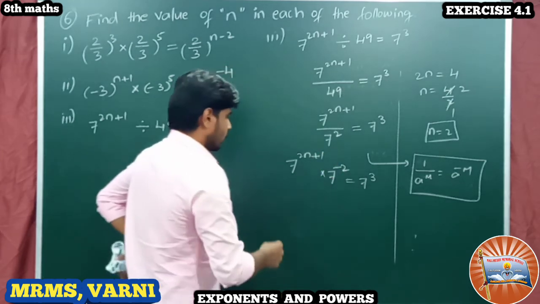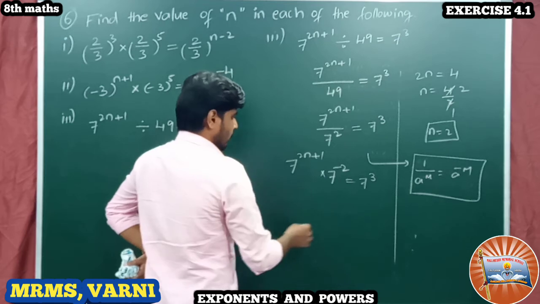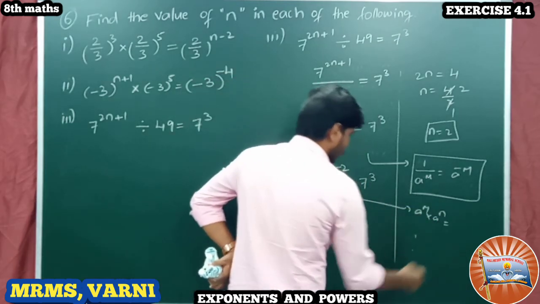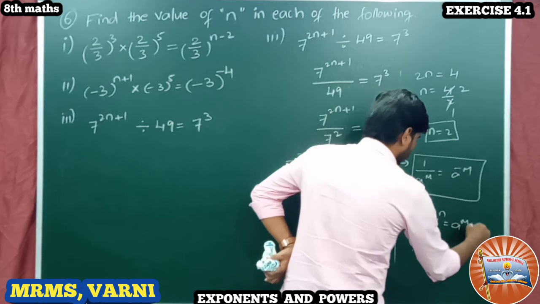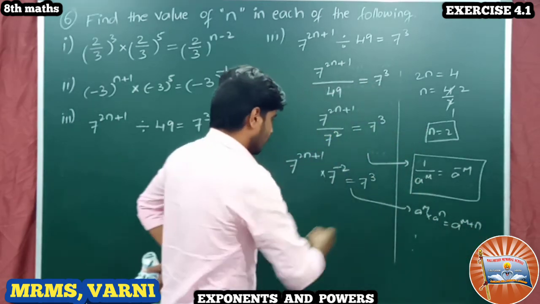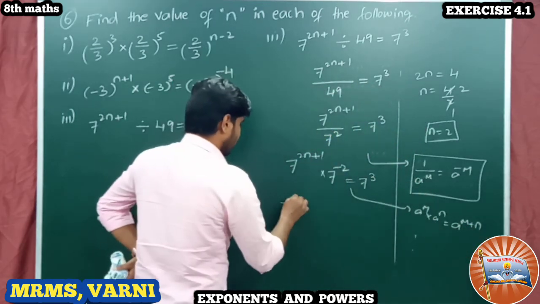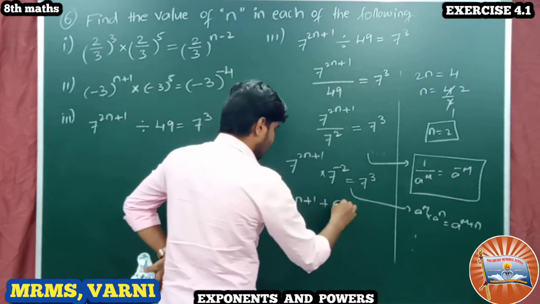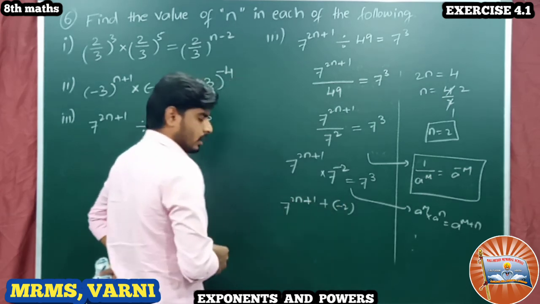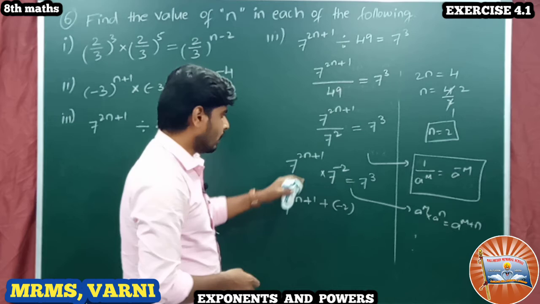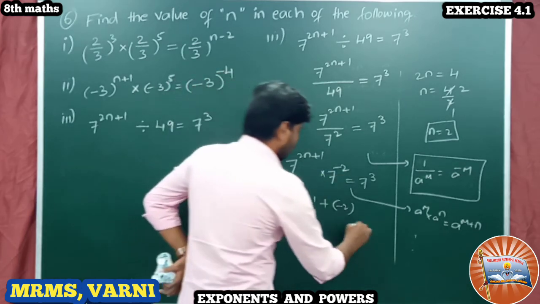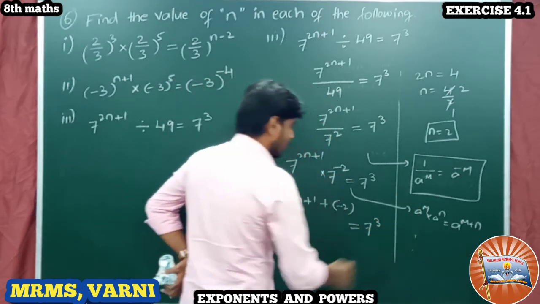Again the same formula, a power m into a power n is equal to a power m plus n. With that formula, this becomes 7 power 2n plus 1 plus minus 2, so I am adding the minus 2 to 2n plus 1. And 7 cube stays as it is.